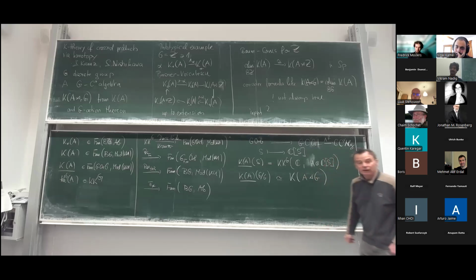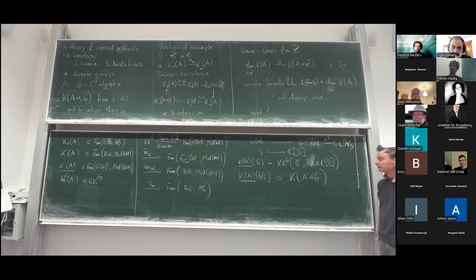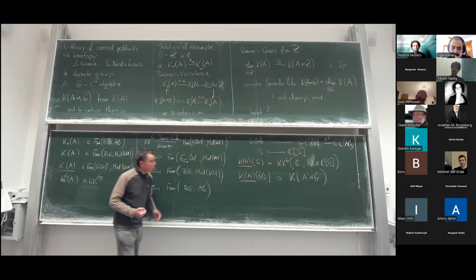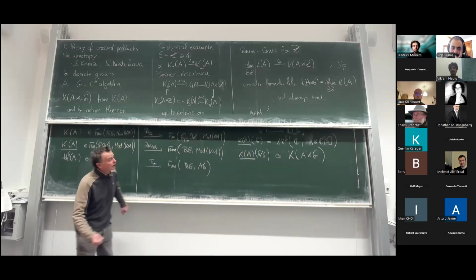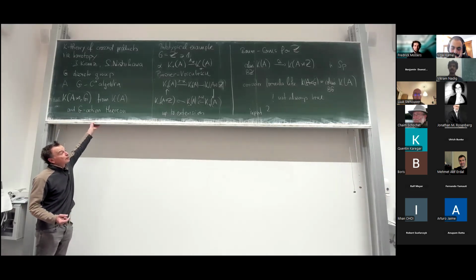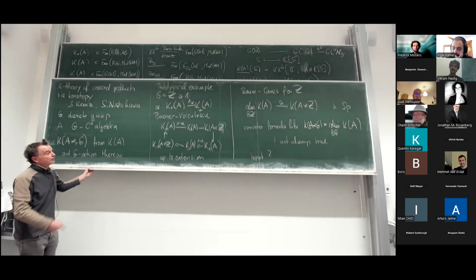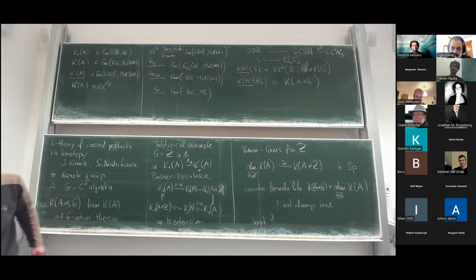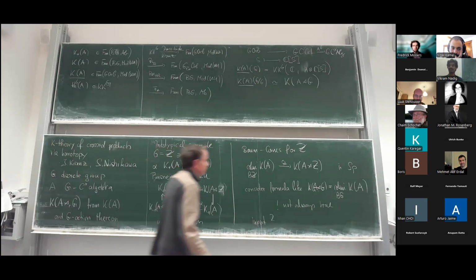This is the thing we want to calculate. Okay, and now we get the first reduction, namely now we invoke Baum-Connes. The first thing I want to discuss is what does Baum-Connes say, and how can we phrase Baum-Connes in this language? Of course, this is well known, but let me state it.